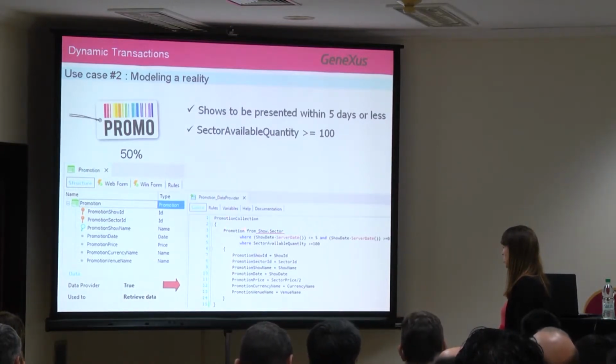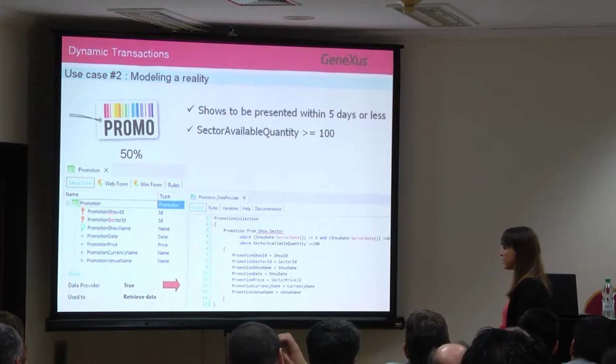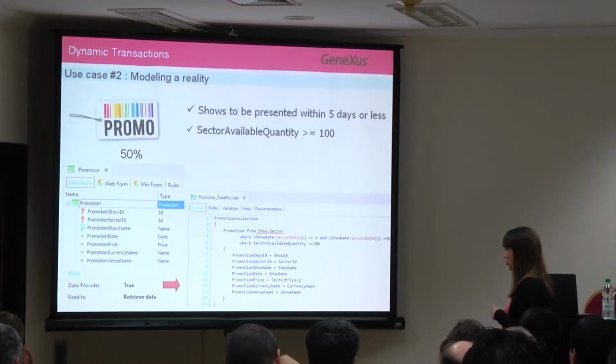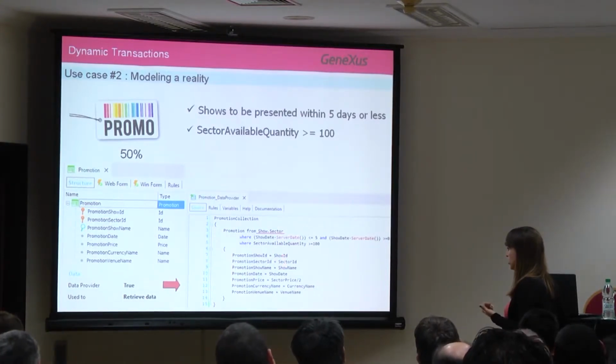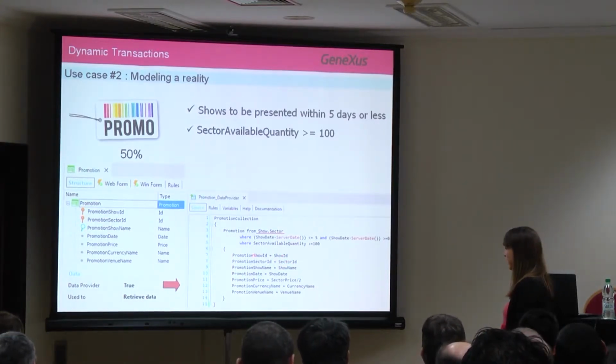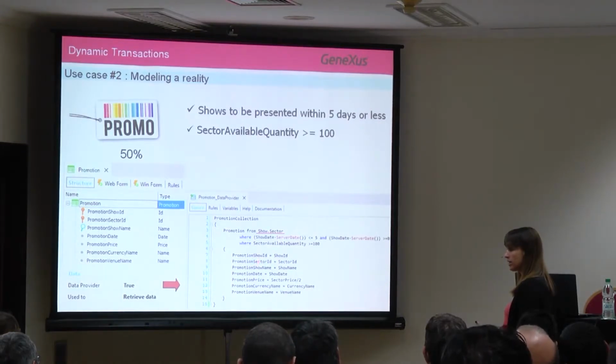So here I'm defining my concept of promotion, and I'm loading those sectors, full sectors with key, and when GeneXus finds this dynamic transaction with another name, and I'm allocating a name here, it understands that this is the sector, and I'll be able to infer the base table.